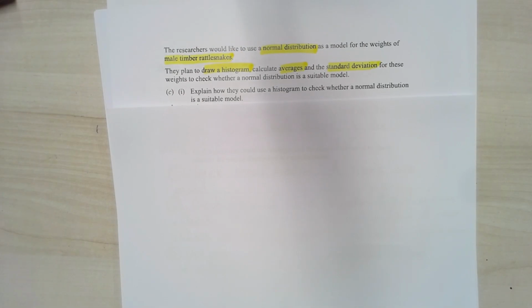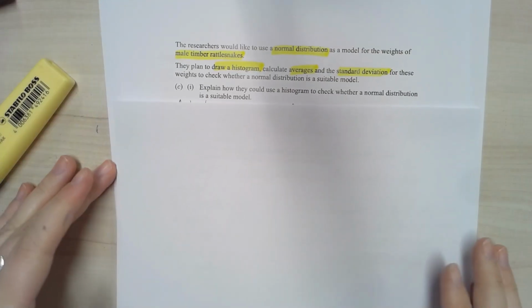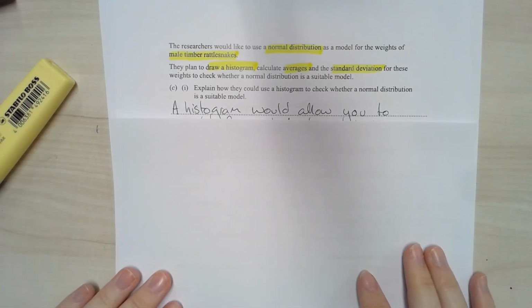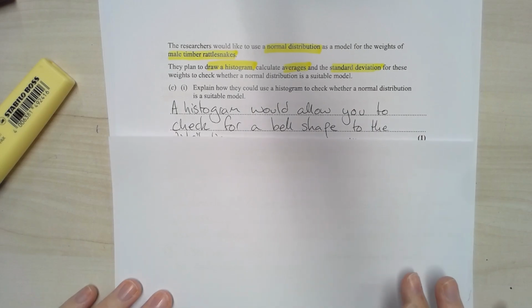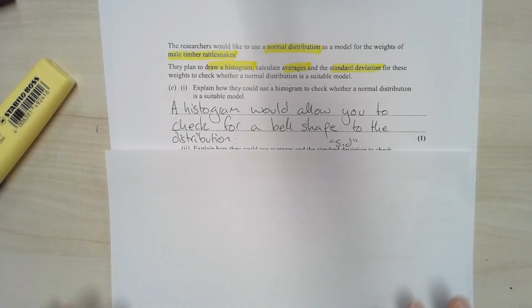We've been asked to then explain how they could use a histogram to check whether a normal distribution is a suitable model. Here, if we drew a histogram, this would help us because it would allow us to see whether a bell-shaped distribution is apparent. So we need to use a histogram to allow us to check for a bell shape to the distribution.